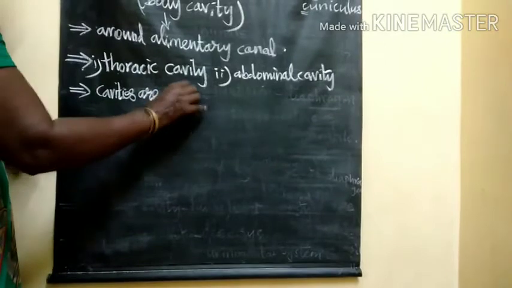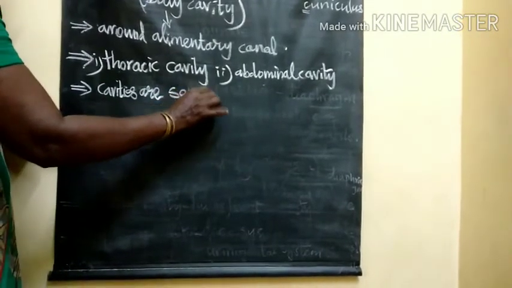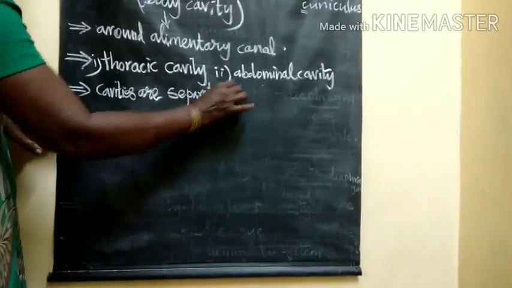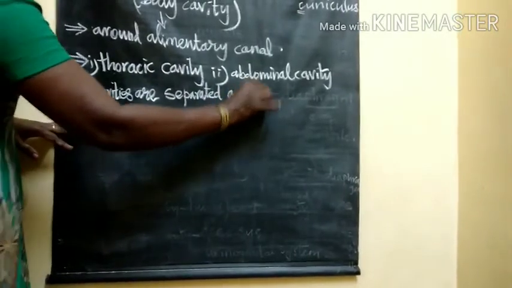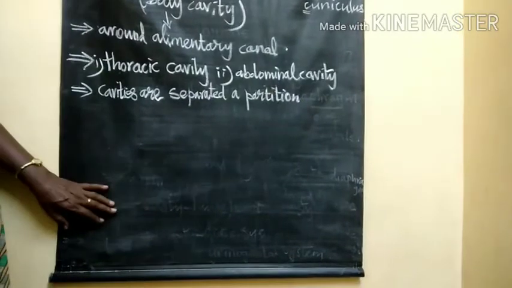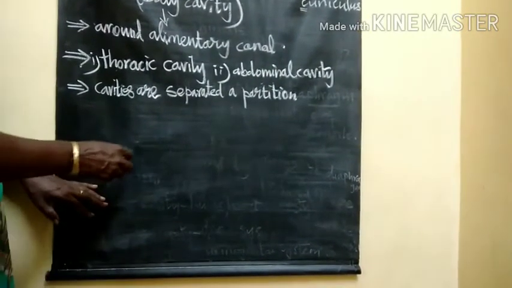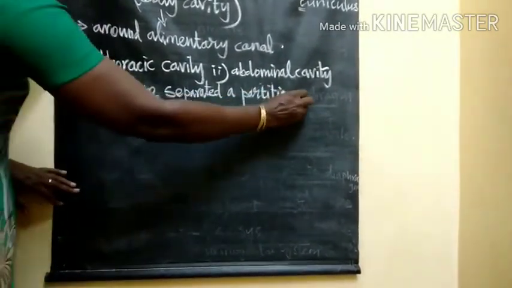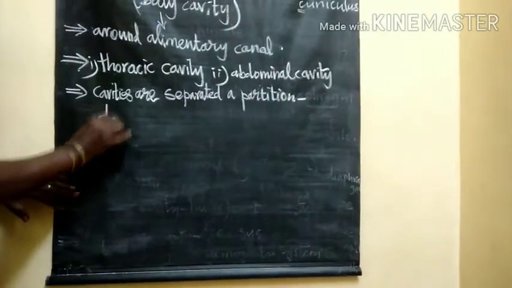Thoracic cavity and the abdominal cavity. They are separated by a partition. Partition means a separation. And that partition is called diaphragm.